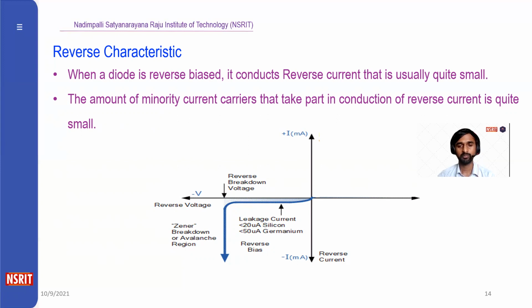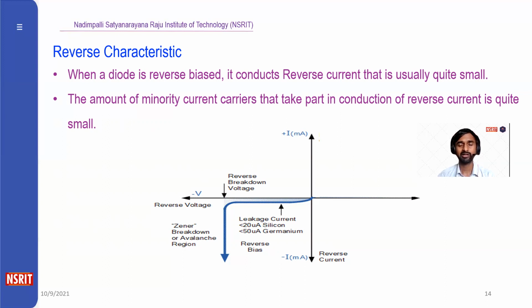But the important point to be noted here is that if you keep increasing the reverse voltage, at a certain voltage value you get a drastic increase in the reverse current. This drastic increase in reverse current is due to the breakdown of the diode, and that voltage is called the reverse breakdown voltage.